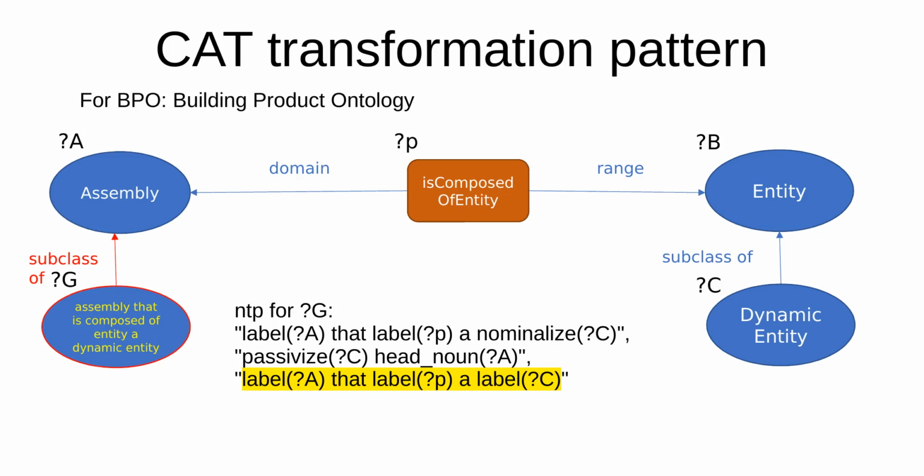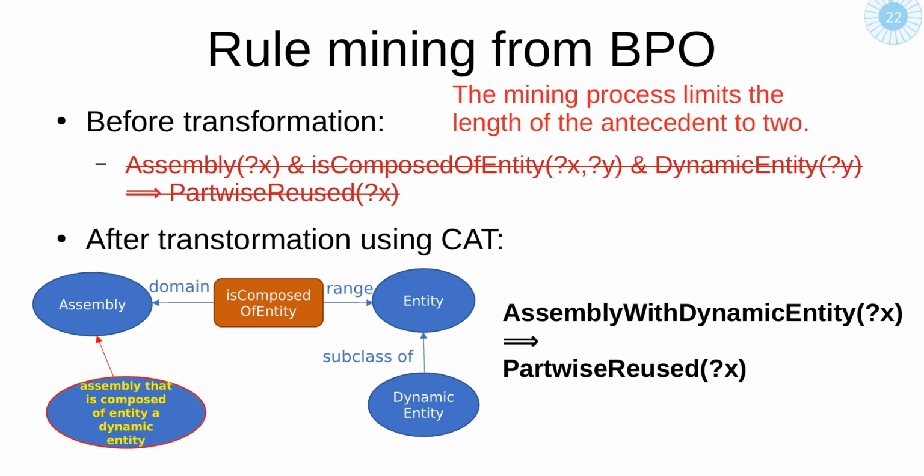So as a result, we have a new entity G, which is a subclass of assembly, and this is something new which we didn't have before in the BPO ontology.